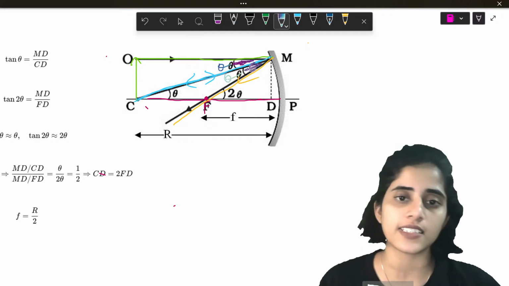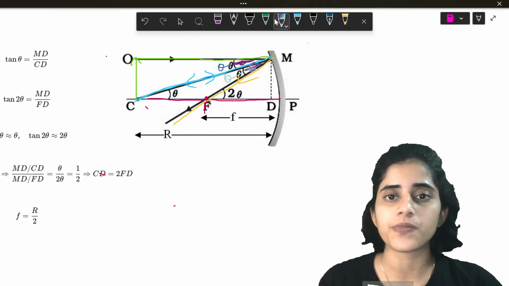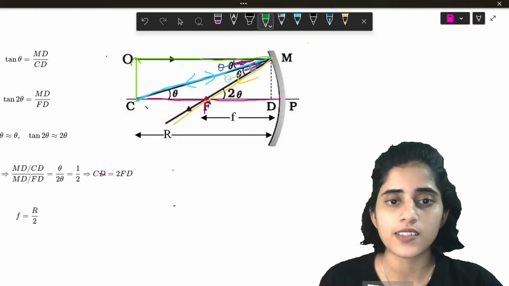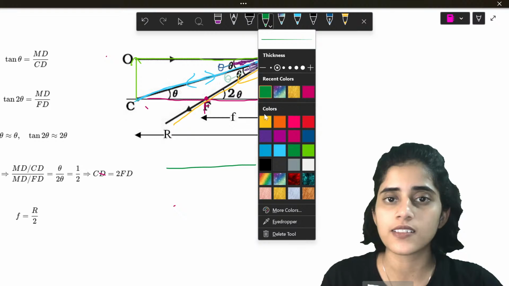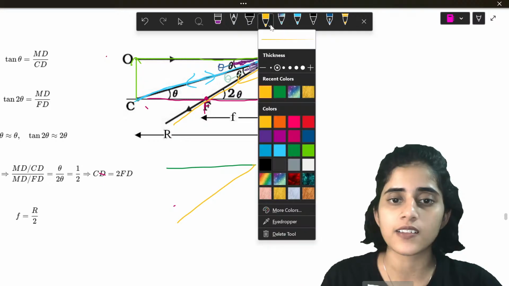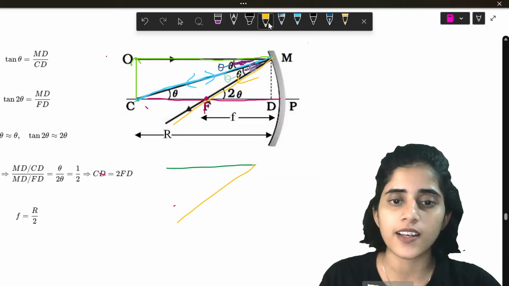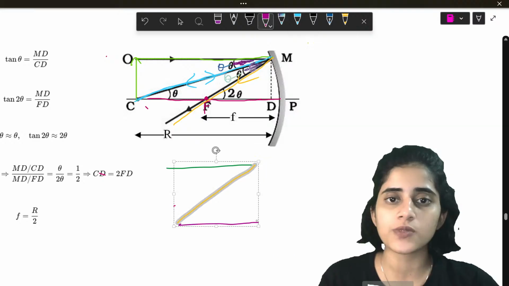Now, if you look carefully, this green and yellow line with respect to this pink line.